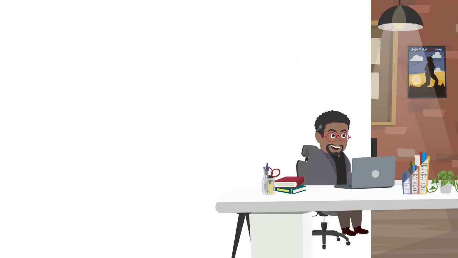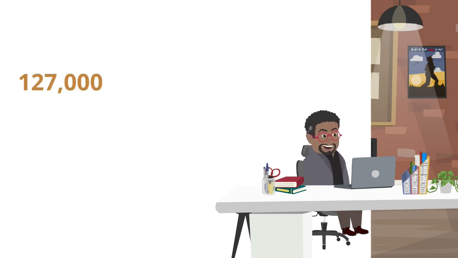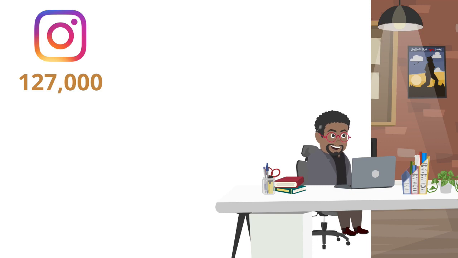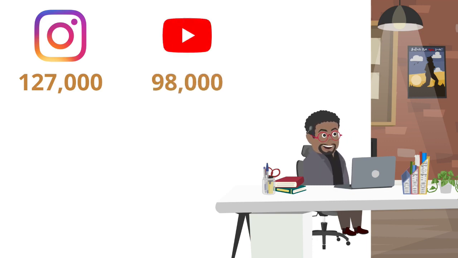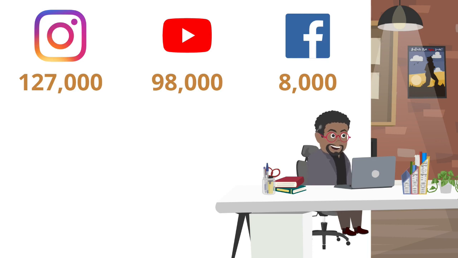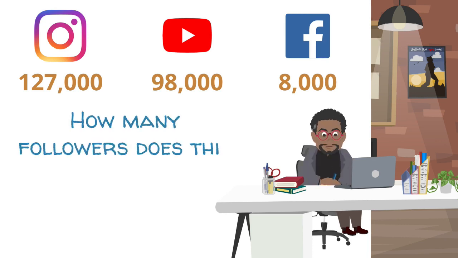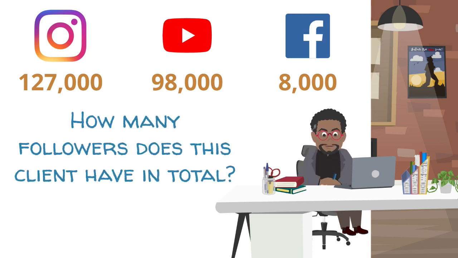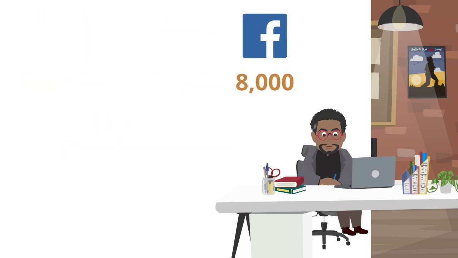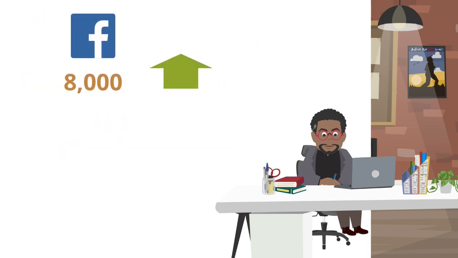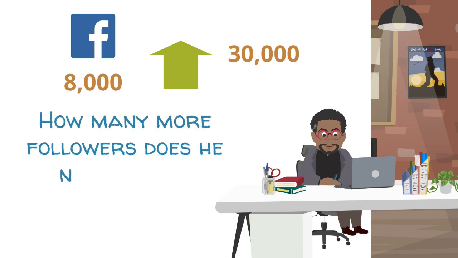For one client, he has the following numbers of followers: 127,000 followers on Instagram, 98,000 followers on YouTube, and 8,000 followers on Facebook. How many followers does this client have in total? Christoph is pushing to grow his client's followers on Facebook to 30,000. How many more followers does he need to get?